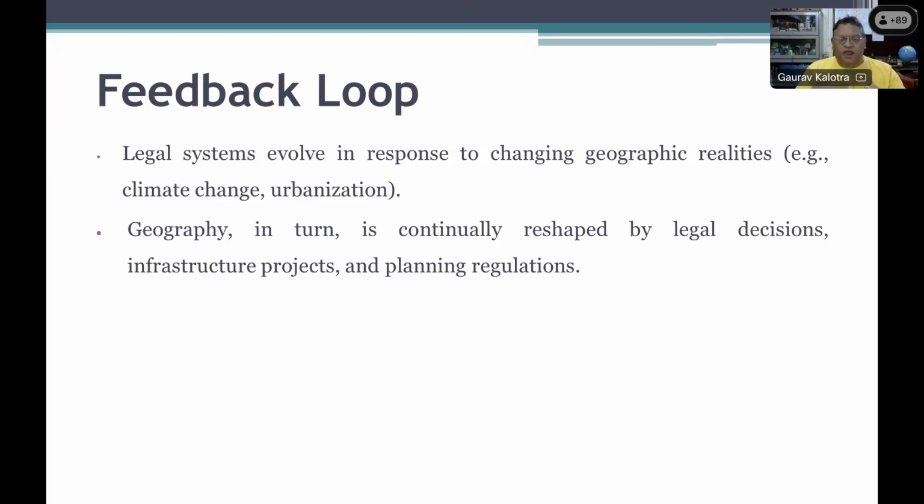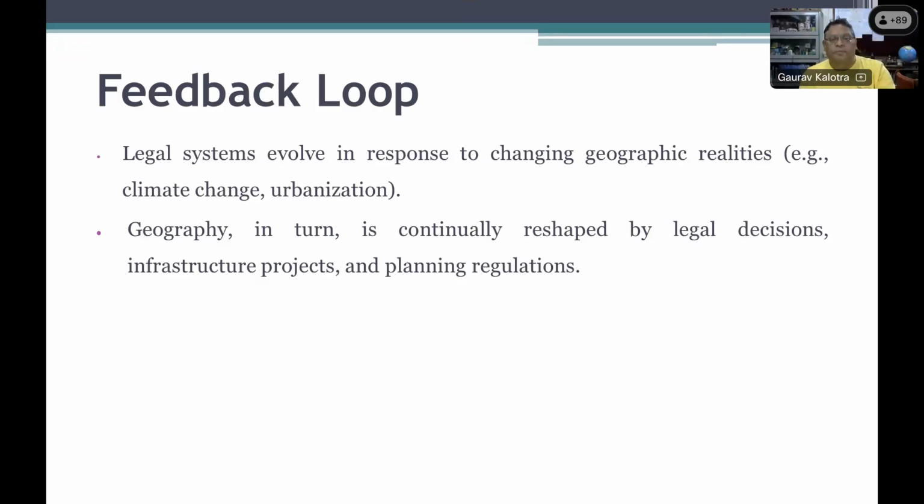Feedback loop means that one affects another. So legal systems evolve in response to changing geographic realities, for example, climate change and urbanization, and geography in turn is continually reshaped by legal decisions, infrastructure projects, and planning regulations. So both legal system and geography are interconnected.